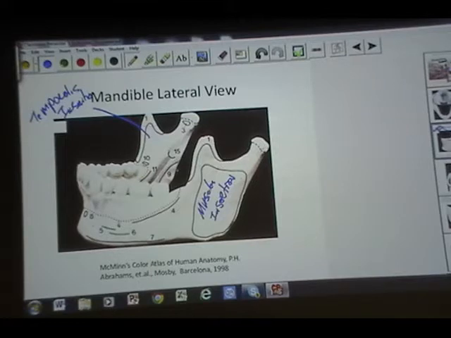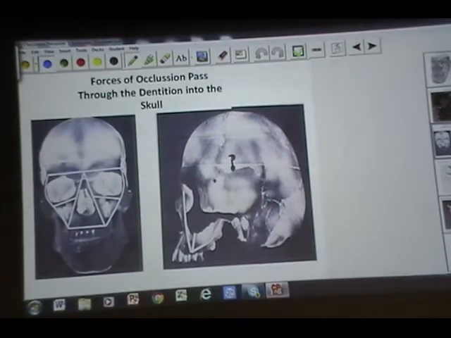Over here on the inside, this is the insertion point of the medial pterygoid muscle. And then over here, we have one of the insertion points of the other pterygoid muscle, called the lateral pterygoid, which actually has two heads. One of them doesn't typically insert on this area.